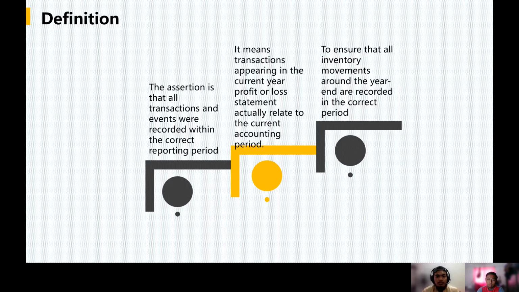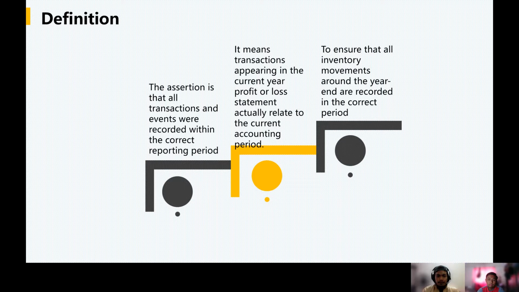For the definition of cutoff, we found about three similar words that have the potential to describe cutoff, for easy understanding for those who have not studied audit before. The first definition is that all transactions and events were recorded within the correct reporting period.